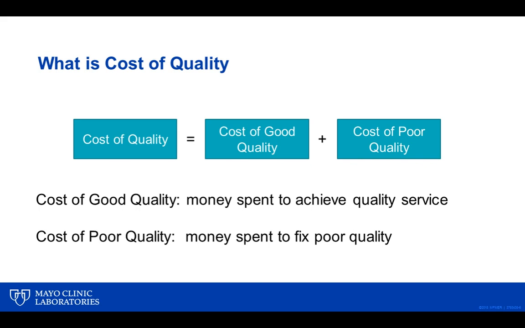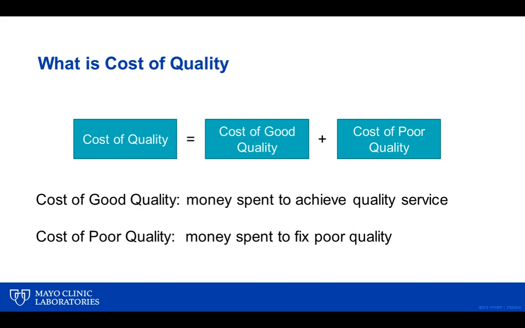If you look at this equation, at a minimum you want to eliminate the cost of poor quality. If you can eliminate it, this goes back to your finance, where you're not spending a lot of money in your expenditure, so your margin can grow.